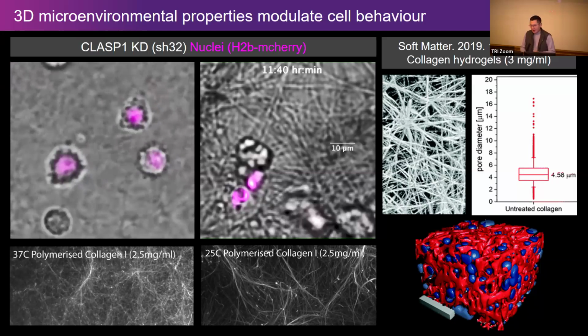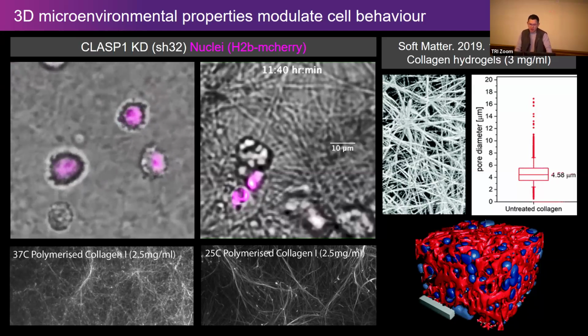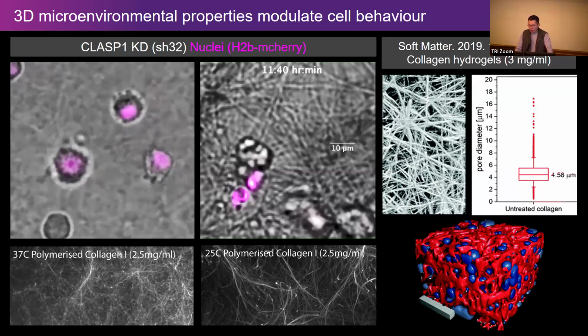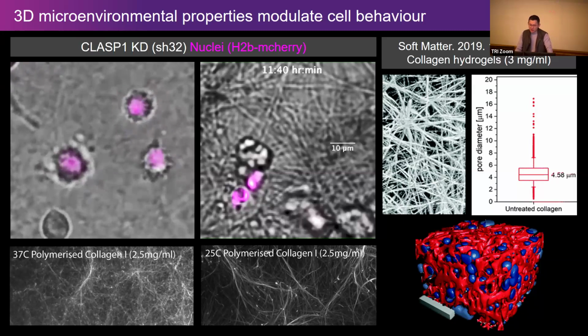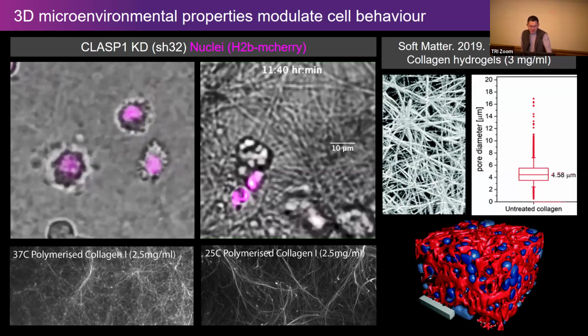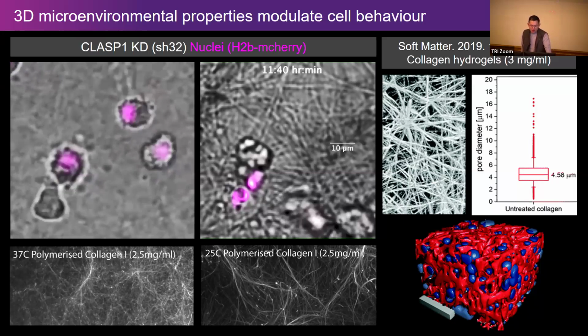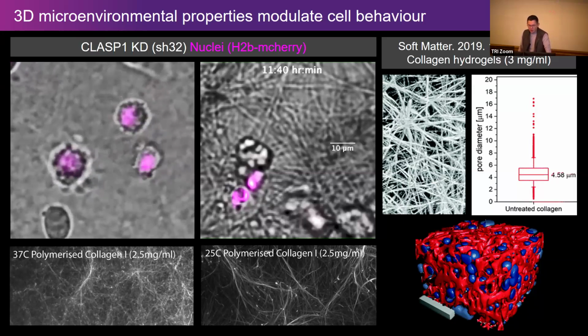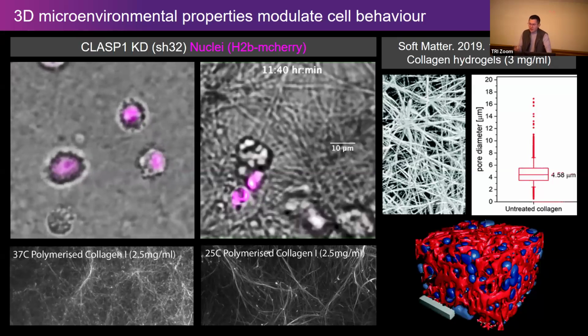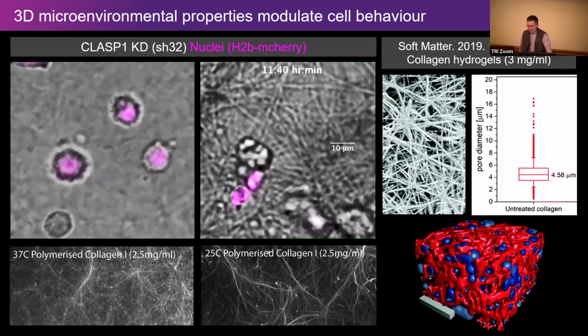But actually capturing this is really difficult, because the pore diameter of collagen is very, very heterogeneous. It's demonstrated here in this paper in 2019, where the authors quantitated the pore size using spherical filling modeling, measuring the diameter of spherical balls within the gaps of these collagen fibers.